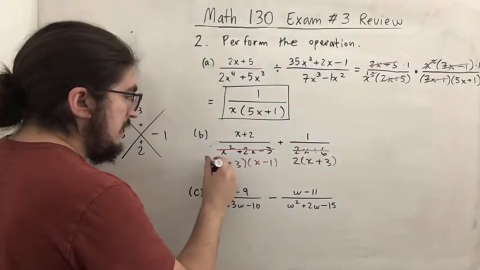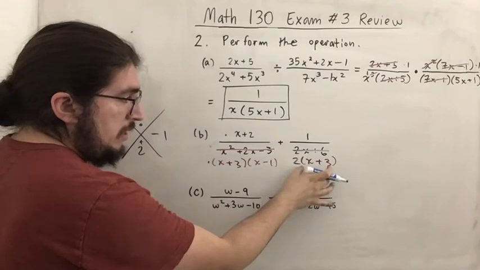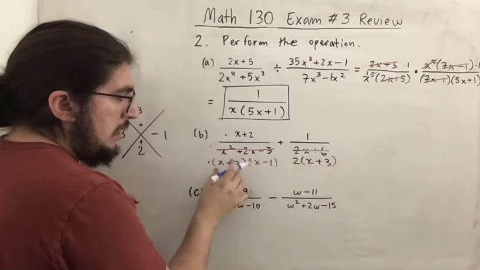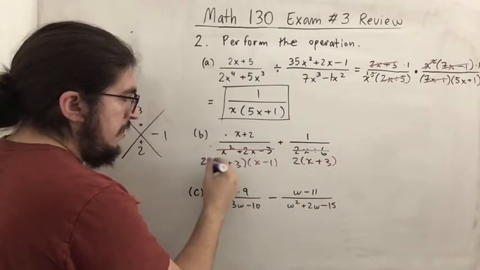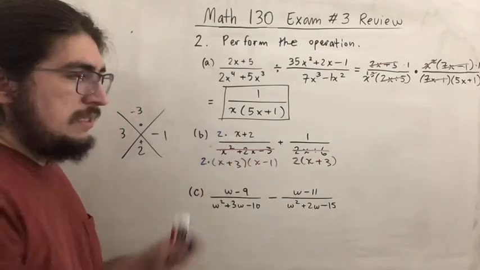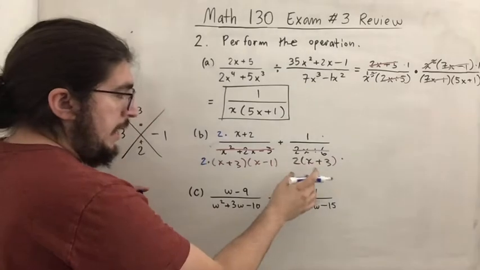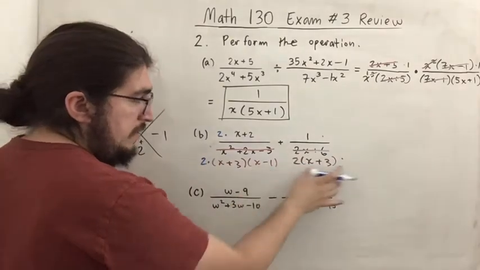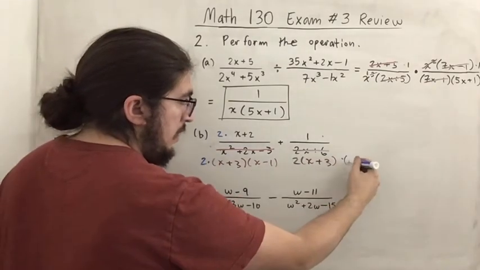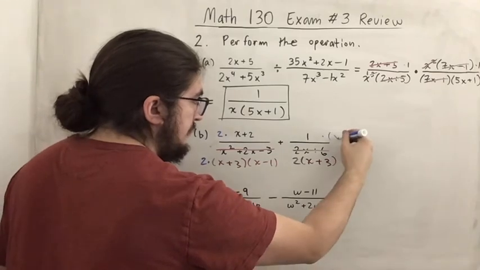So I'm going to notice this needs a 2 that this has, but this doesn't. So in other words, they share this x plus 3 factor, but this is missing a 2 that has that this doesn't have as a factor. And similarly on this side, top and bottom, we need to multiply by what this has as a factor that this doesn't have, which of course is that x minus 1 that I was pointing to just now.